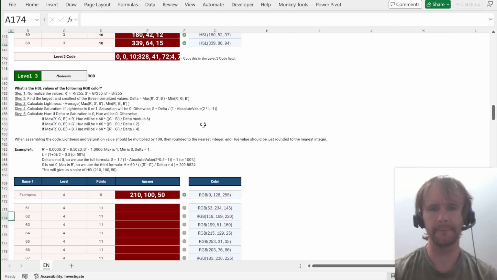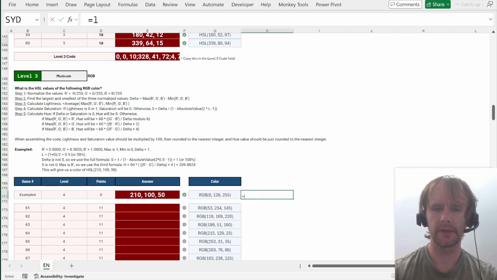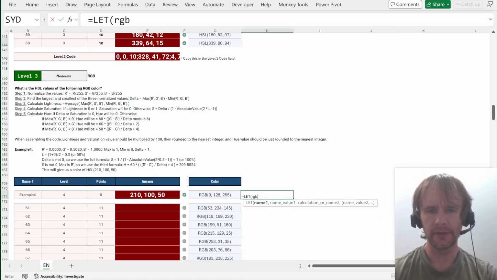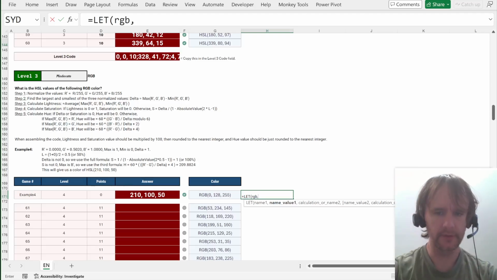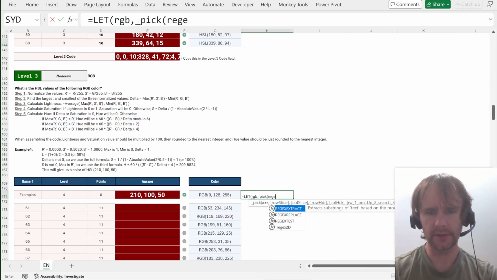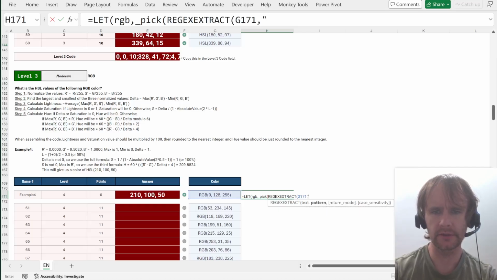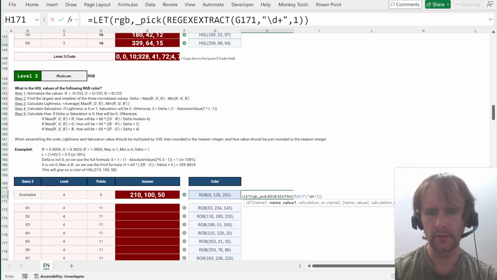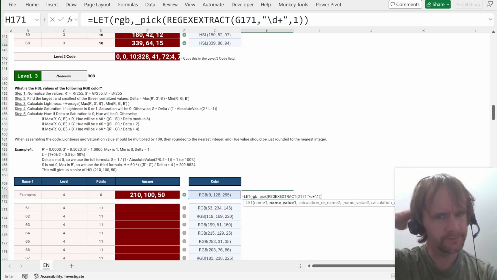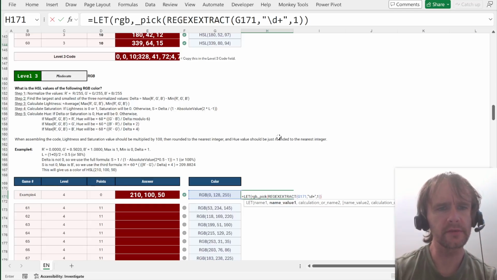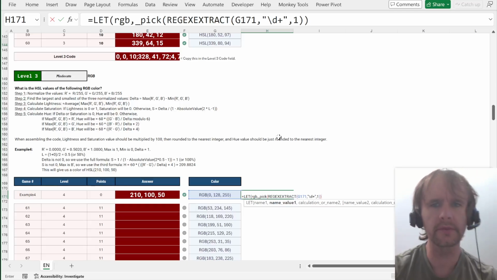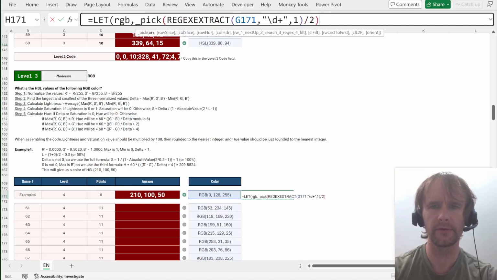Oh my god. Okay, hang on. So let RGB be pick of regex extract of this slash d plus 1. I guess looks like we're only ever dealing with the divided, so I'll say divided by 255.